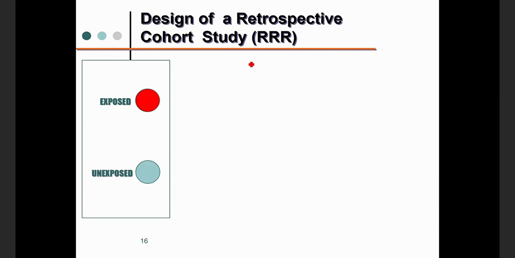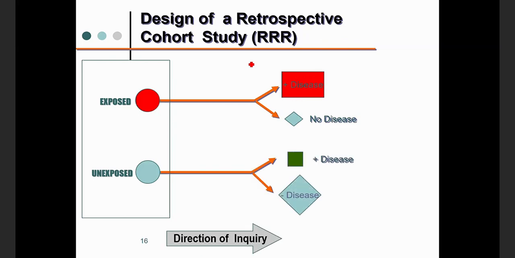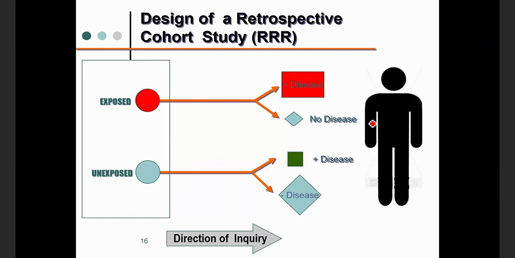So where is the researcher? Same thing, exposed, develop disease or not. It seems like a prospective cohort, but where is the researcher? The researcher is at the back here, because disease and exposure have happened already.